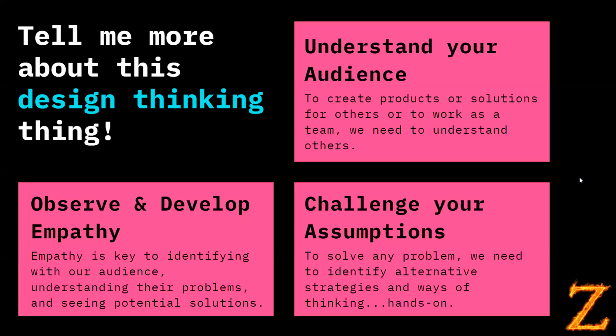And it's really about observing. It's about developing empathy, because ultimately the way to understand your audience and see potential solutions to the problem you're facing, at work, with a product, with some kind of service, whatever it is, is empathy.